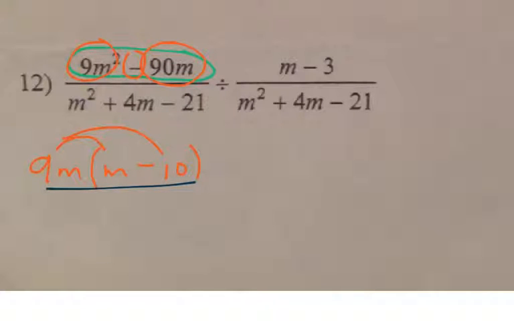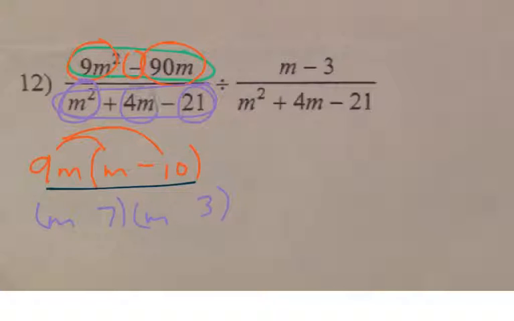Now, what about the denominator right there? Hopefully you recognize that as FOIL backwards, or as I like to say, we're going to use parentheses. So here we go. I know m times m is that m squared right there. I know 7 times 3 is that 21.